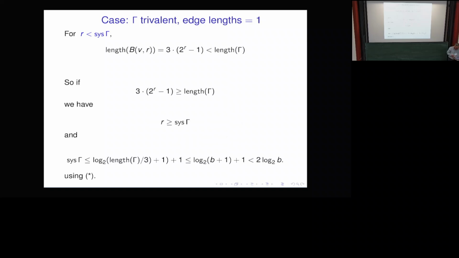Okay, so maybe I'll write it now. I took this plus 1 there, first of all, because I don't care about constants and I'm generous, and then because R is supposed to be an integer.